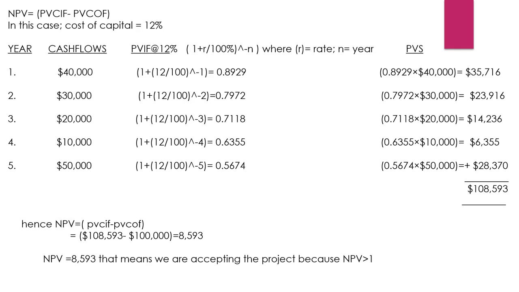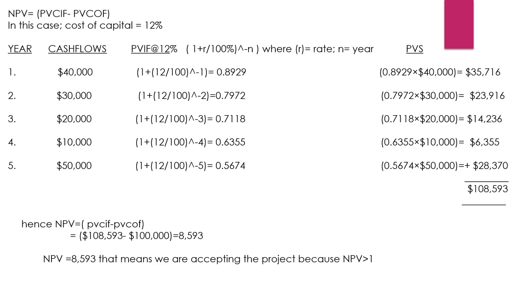In this case, the cost of capital you are given is 12%. So we want to determine the net present value for the whole project. We have 4 columns. In column 1, we have the year. The next column is the cash flows.